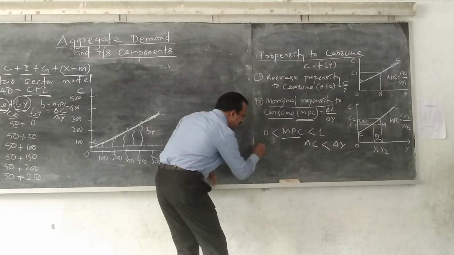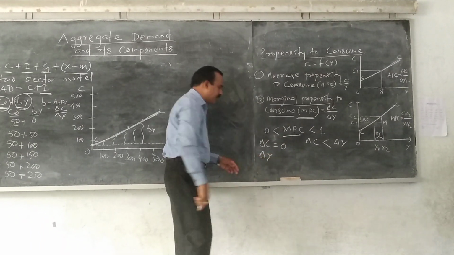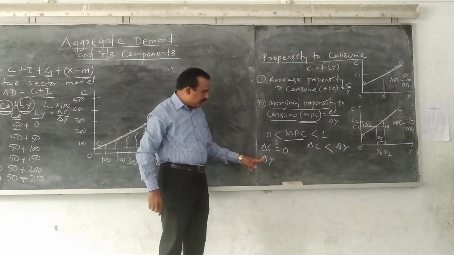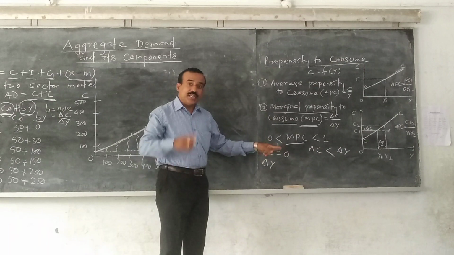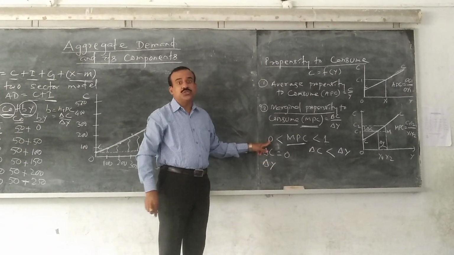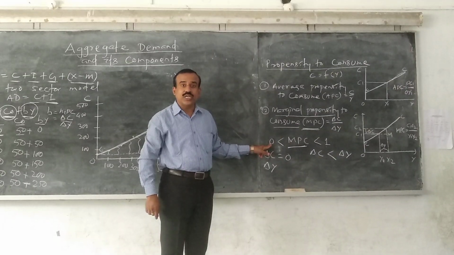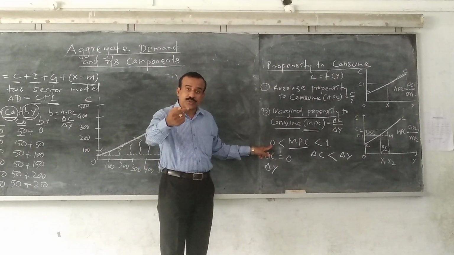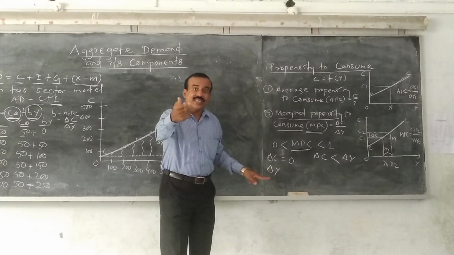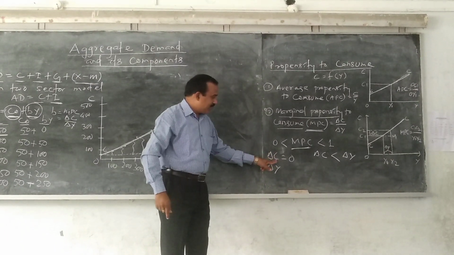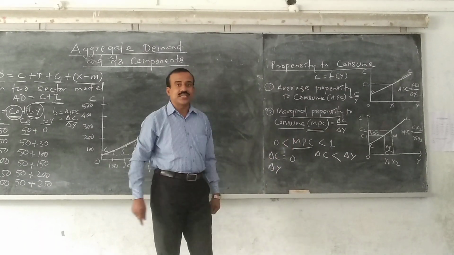If delta C is 0 with rise in delta Y, when income changes but consumption does not change, in that situation MPC will be 0. But it is against Keynes' psychological law of consumption. According to Keynes, if income rises, consumption rises. Delta C cannot be 0. So MPC is always greater than 0.